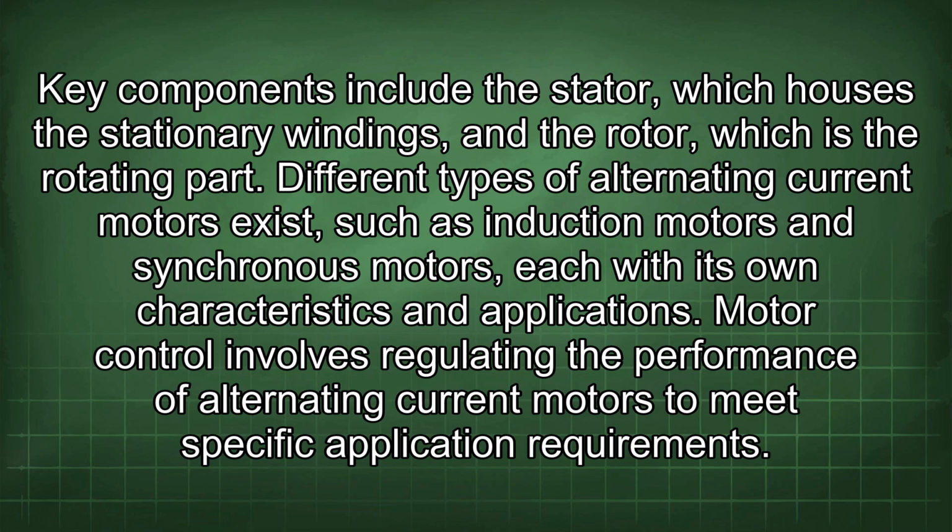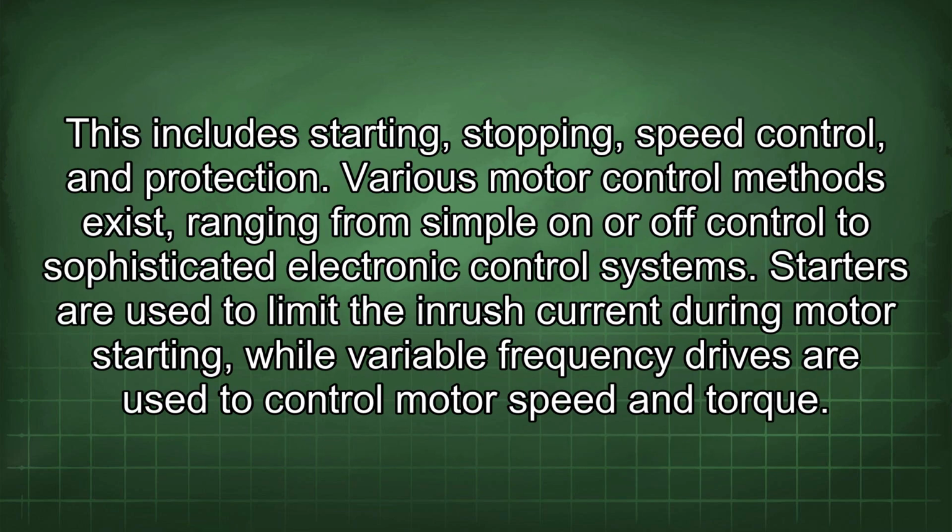Motor control involves regulating the performance of alternating current motors to meet specific application requirements. This includes starting, stopping, speed control, and protection. Various motor control methods exist, ranging from simple on or off control to sophisticated electronic control systems. Starters are used to limit the inrush current during motor starting, while variable frequency drives are used to control motor speed and torque.